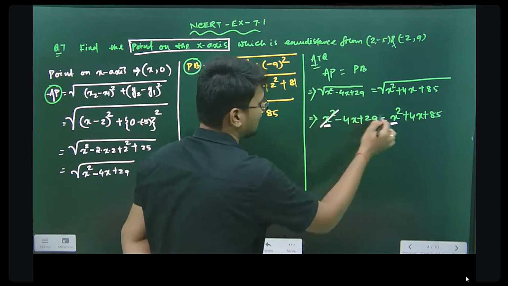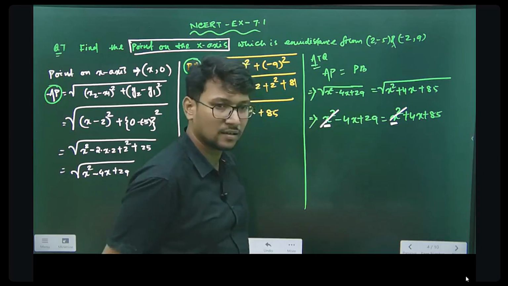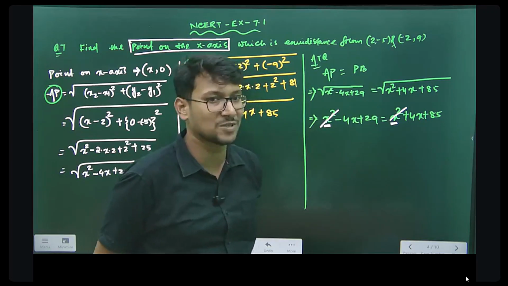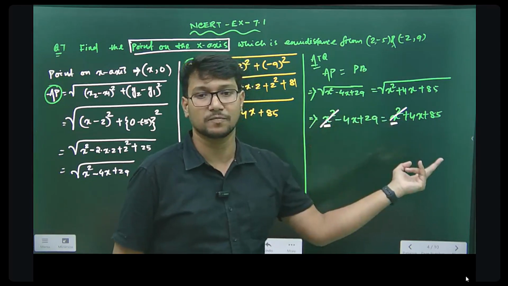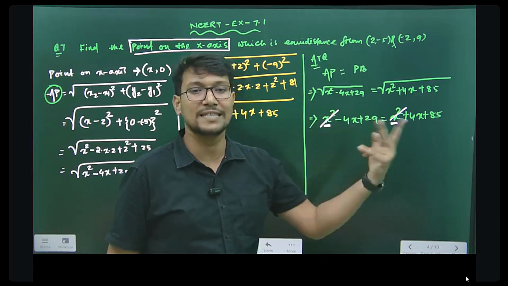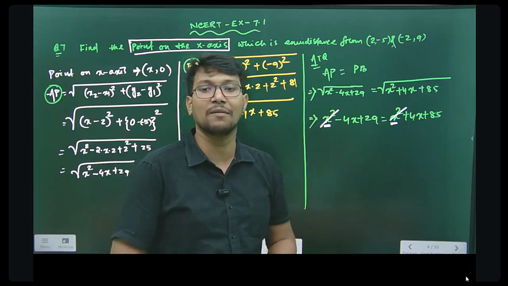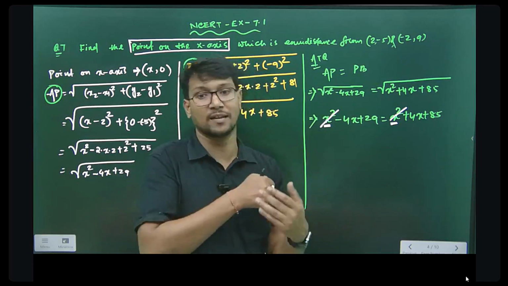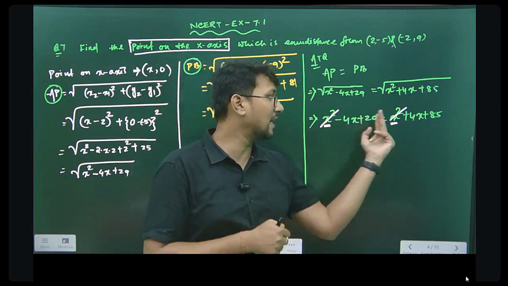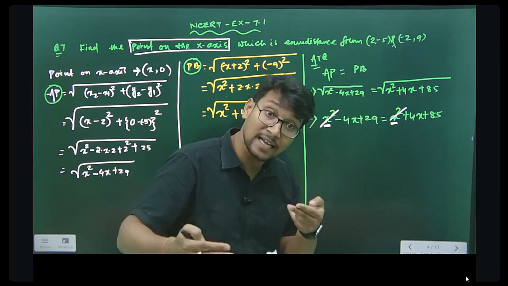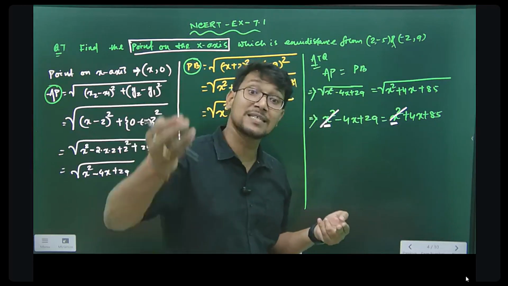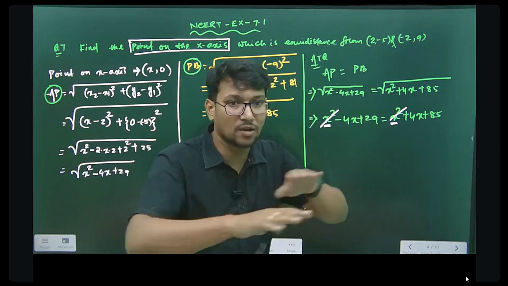No, 4x we cannot cancel, as we are having different sign. Different sign, same magnitude. When can we cancel? When both are on the same side. But when different side, different sign, same magnitude, you cannot cancel it.